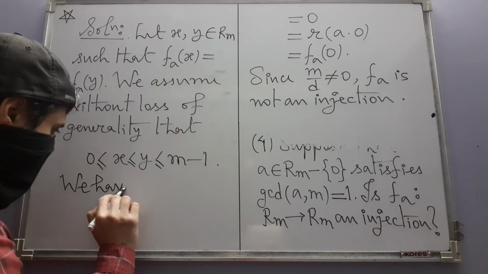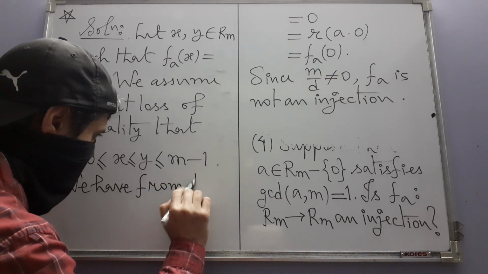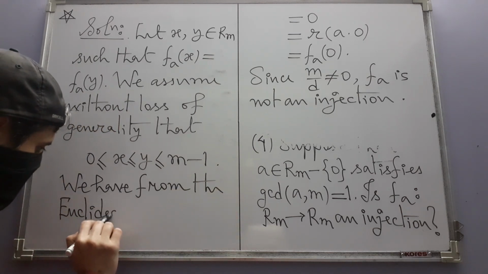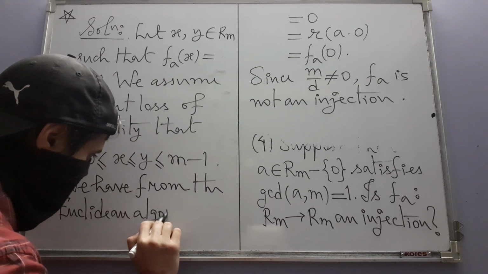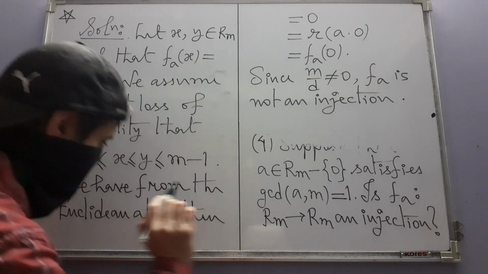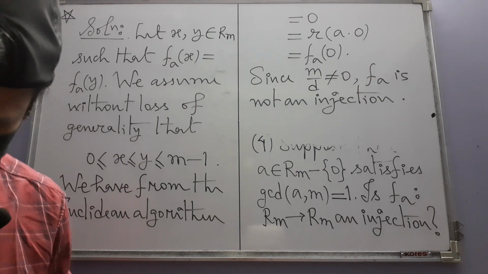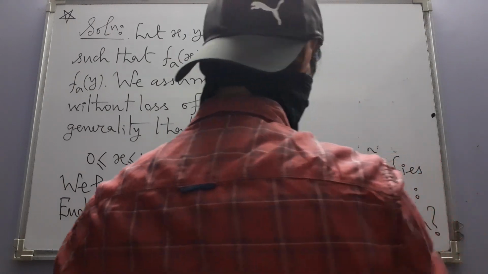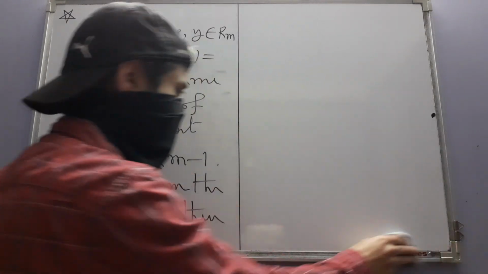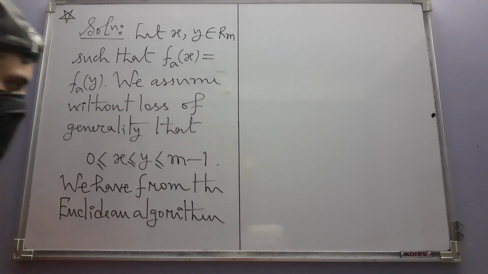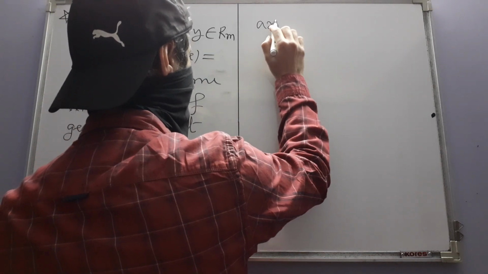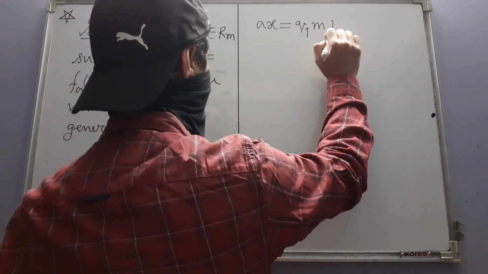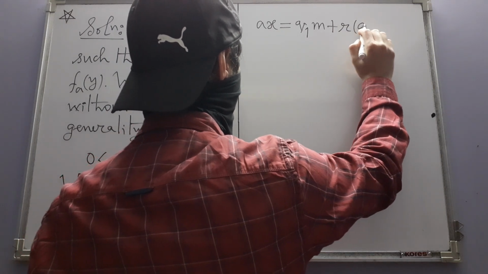We have from the Euclidean algorithm that ax is equal to, say, q1 m plus r of ax.